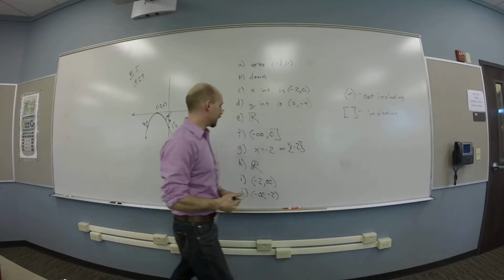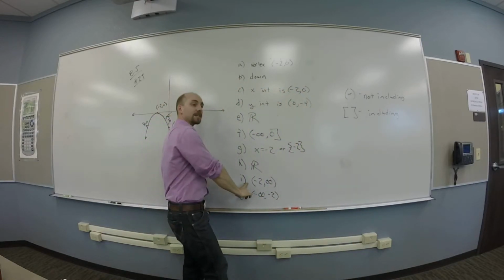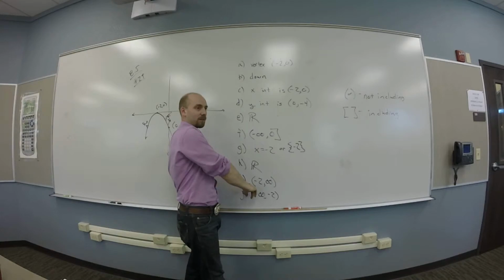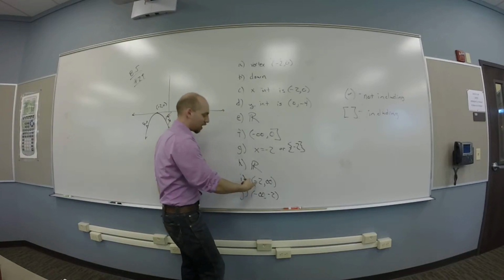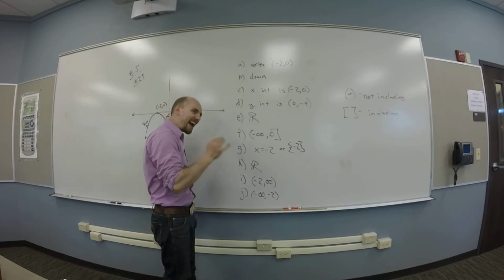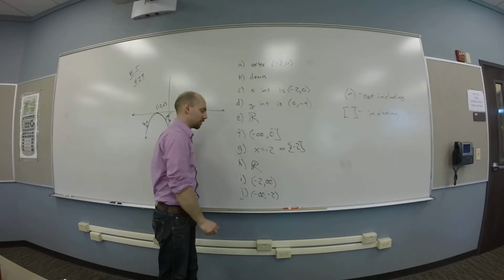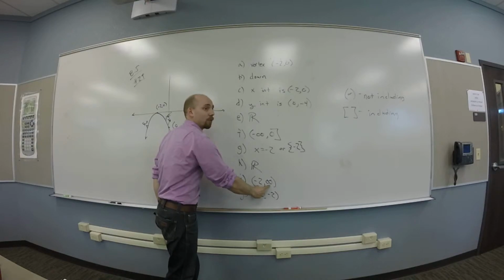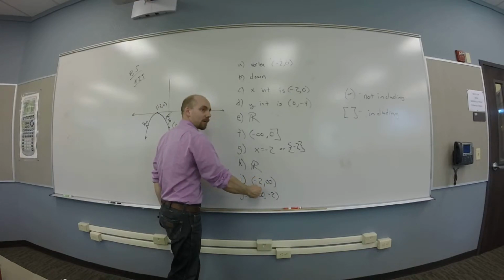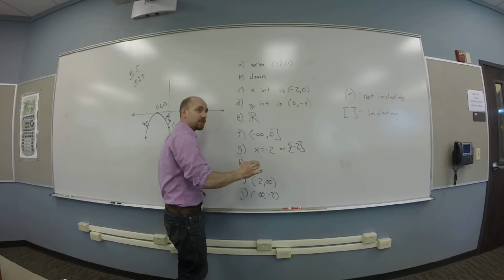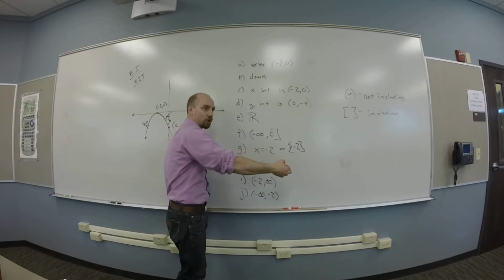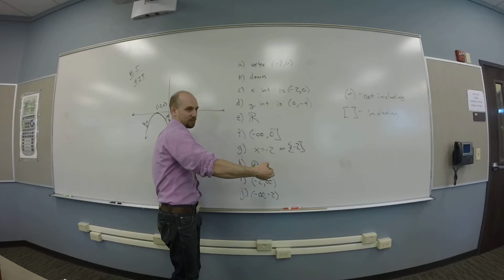They were asking about decreasing here, so is my function decreasing at negative 2 or just afterwards? Just afterwards. If I had put a closed bracket on there, I would mean it's decreasing at negative 2 and also afterwards. Does that make sense?